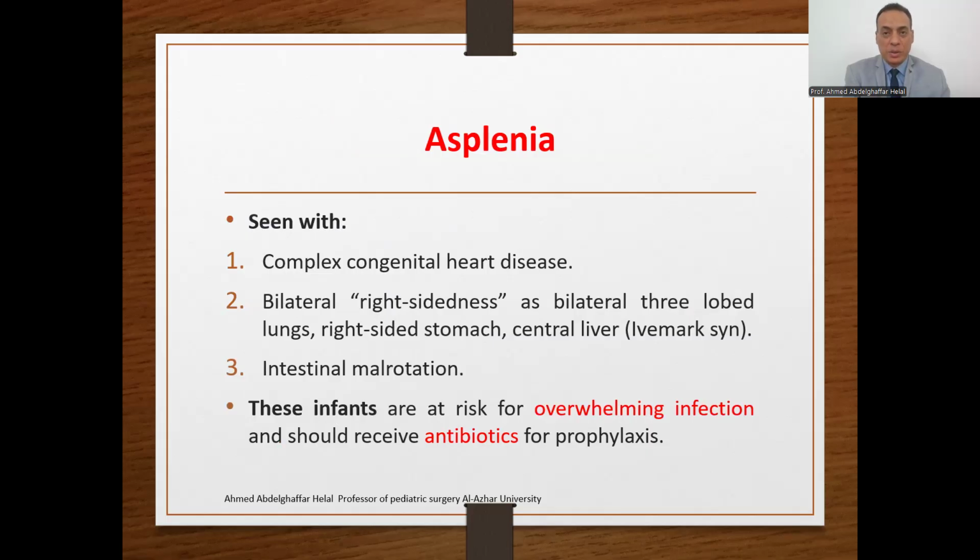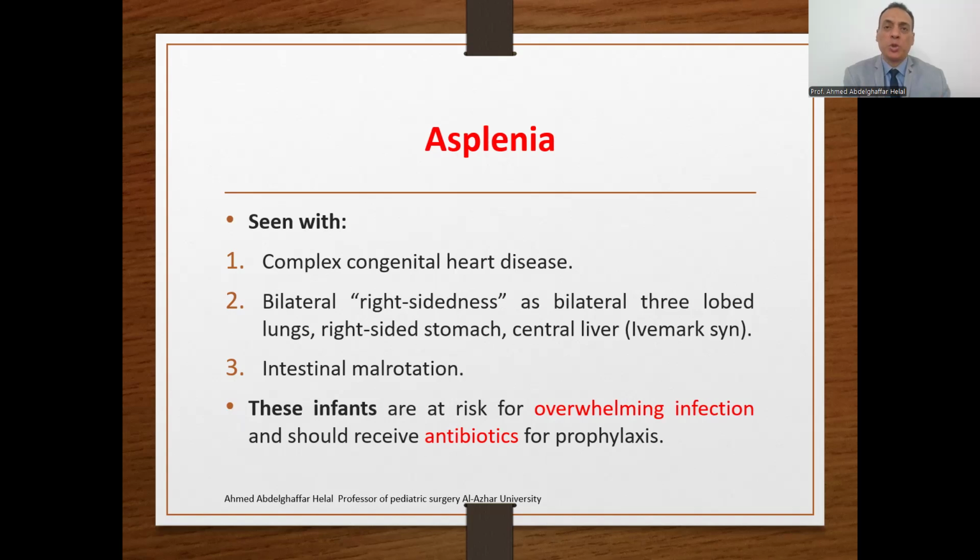It's a complex problem, may be seen with other complex conditions like heart disease, bilateral right-sidedness, and intestinal malrotation. Actually, the major problem here is the absence of the spleen and its role in immunity, and the susceptibility of this infant to what's known as overwhelming infection.